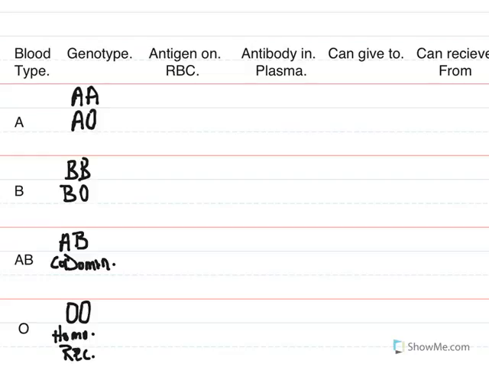Now, if you have any of these blood types, the phenotypic expression is going to be a protein on the red blood cell, RBC, and we call these proteins an antigen. Now, the red blood cell is normally going to be kind of a roundish-shaped donut.